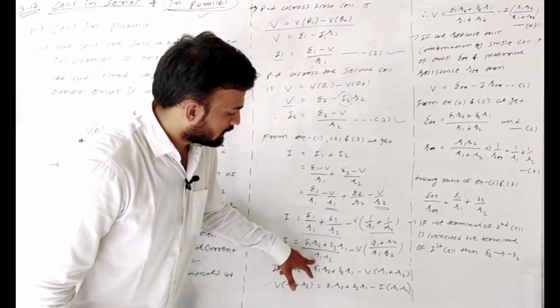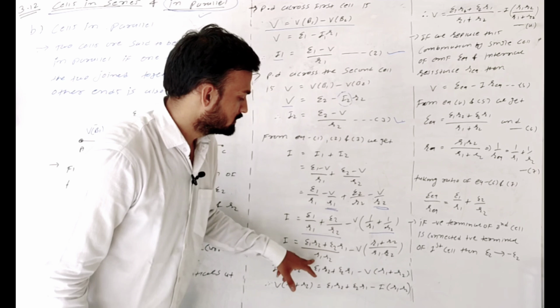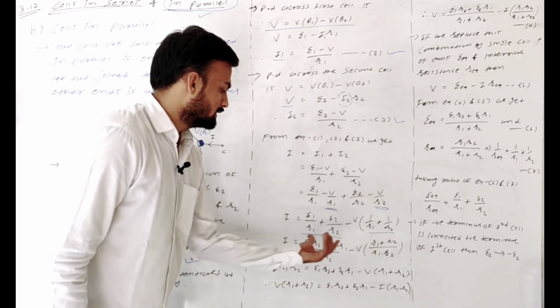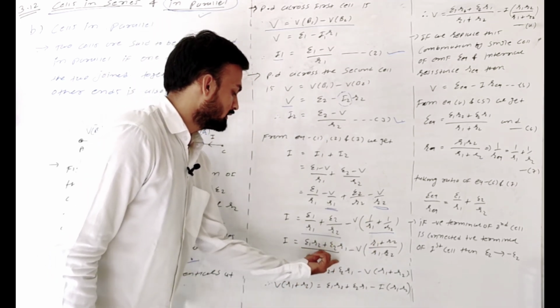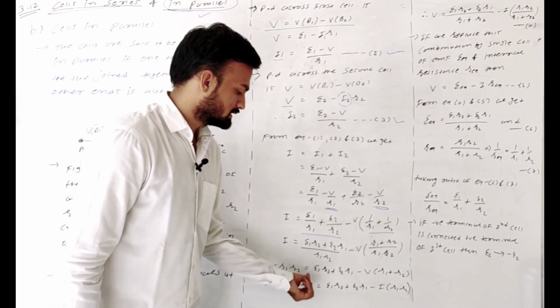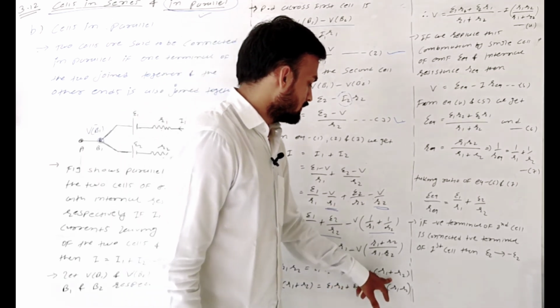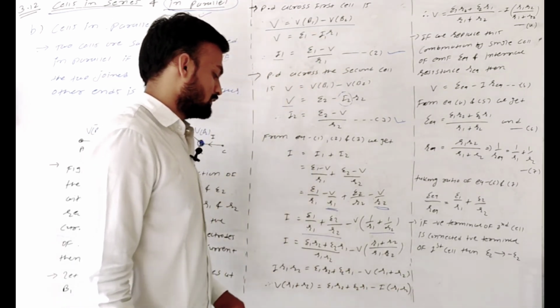Now you can see that R1 R2 is common in both terms. So taking it common and moving it to the other side, I get I R1 R2 is equal to E1 R2 plus E2 R1 minus V into R1 plus R2.